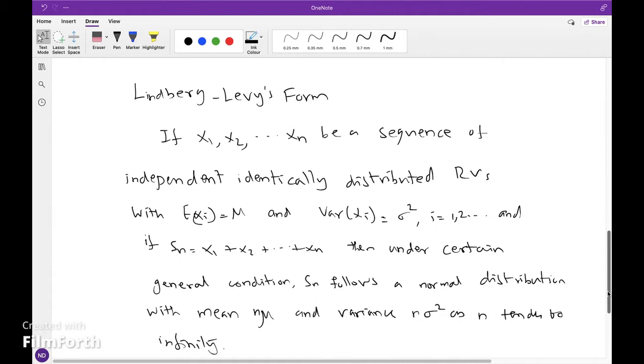So what is the difference between the Liapunov form and the Lindeberg-Levy form? In the Liapunov form, it is a sequence of independent random variables. Lindeberg-Levy is a sequence of independent identically distributed random variables.